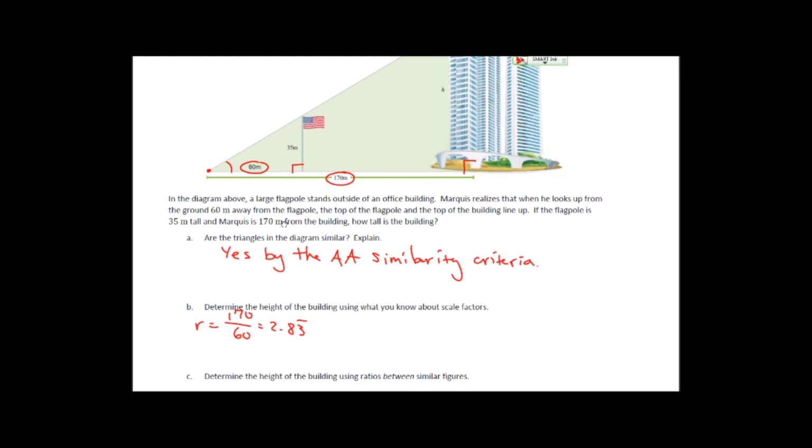That's the scale factor between the triangle with the flagpole and the triangle with the building. Now I can find the height as the scale factor, 2.83 repeating, times the height of the flagpole, 35 meters, and that is equal to 99.16 repeating meters. That's using scale factors.